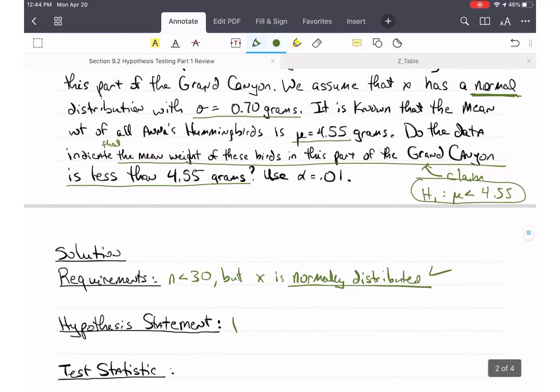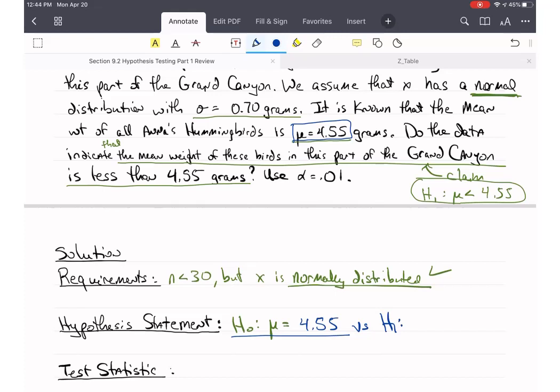Hypothesis statement. H naught, mu equals, and right here, it tells me 4.55. Versus our claim, I'm going to switch back to blue, I think it's easier to see.